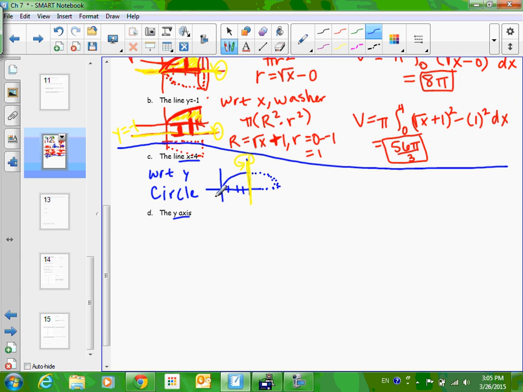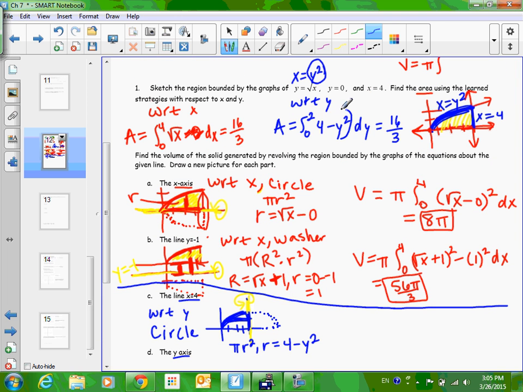All right. So remember, a circle is pi r squared, and then our r should be this way. Right minus left. Okay, so the right would be 4 minus the left, which is not square root of x, but with respect to y, so we need to do y squared. This is very similar to what we did right up here.